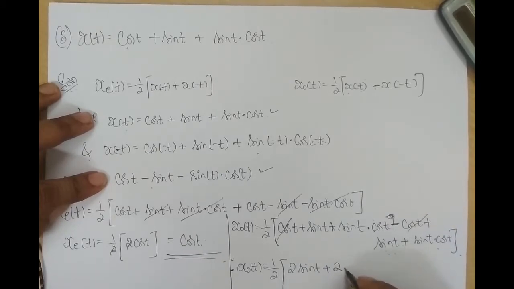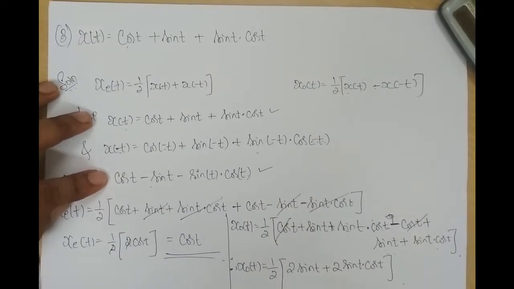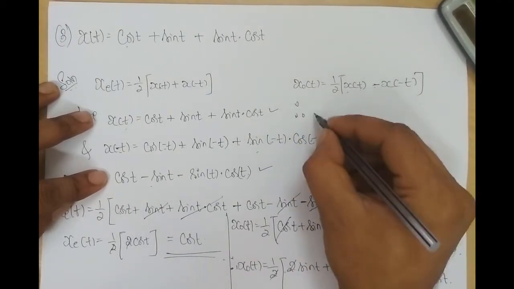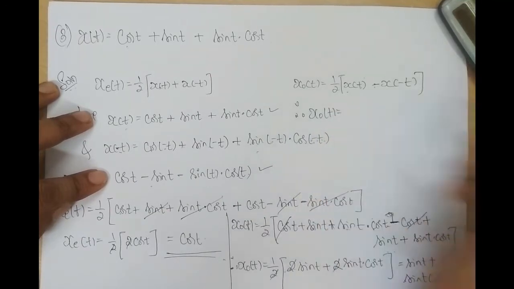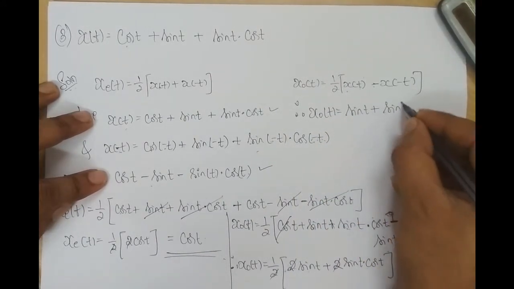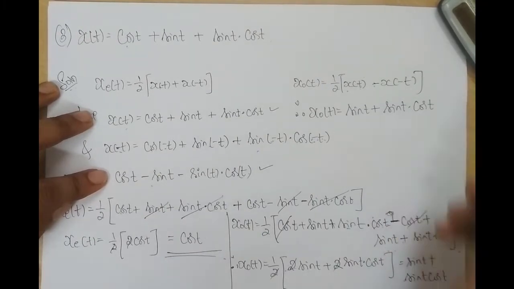If I take 2 common in both the terms, and cancel out these 2, I end up with sin t plus sin t cos t. So therefore the odd component of the signal is sin t plus sin t into cos t.